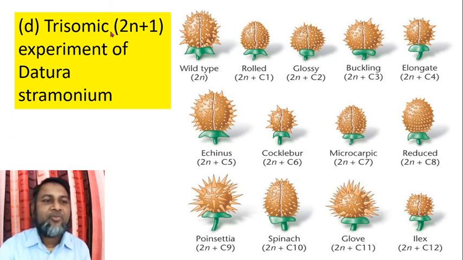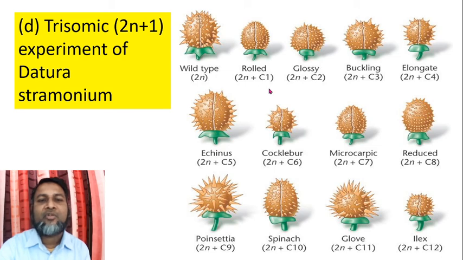So in case of trisomy, we found various types of fruits of Datura stramonium. These phenotypes are created due to trisomic condition. In this case, we found that it has 12 chromosomes.